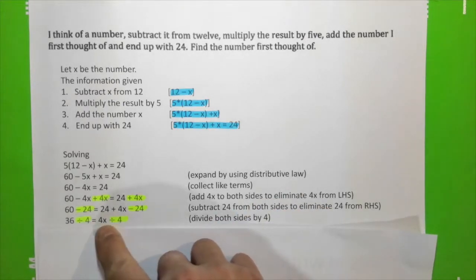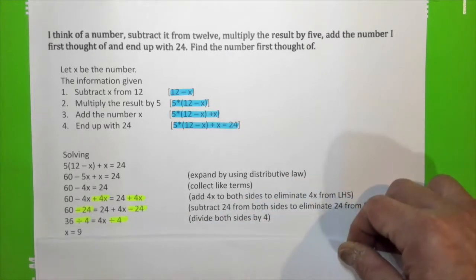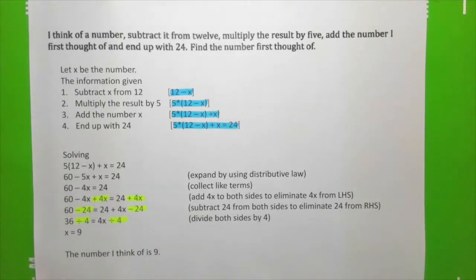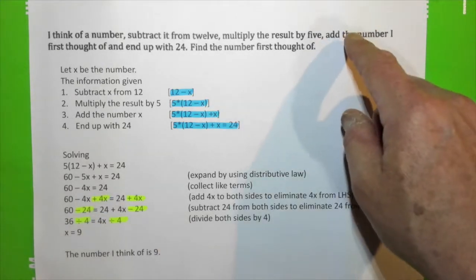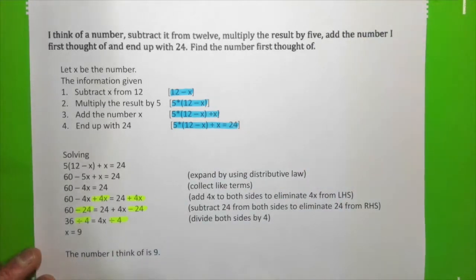Now, we divide both sides by 4 to get the value of x, and therefore x equals 9. So, in order to answer the question, we have to write it out. The number I think of is 9.